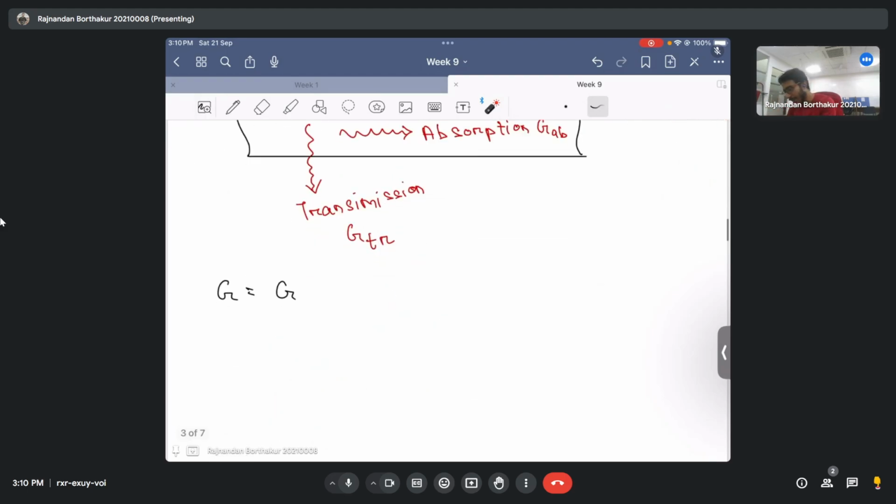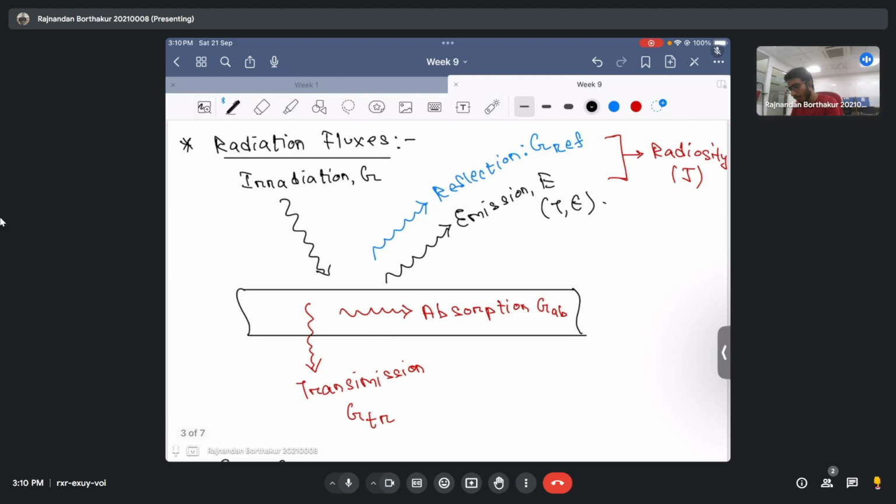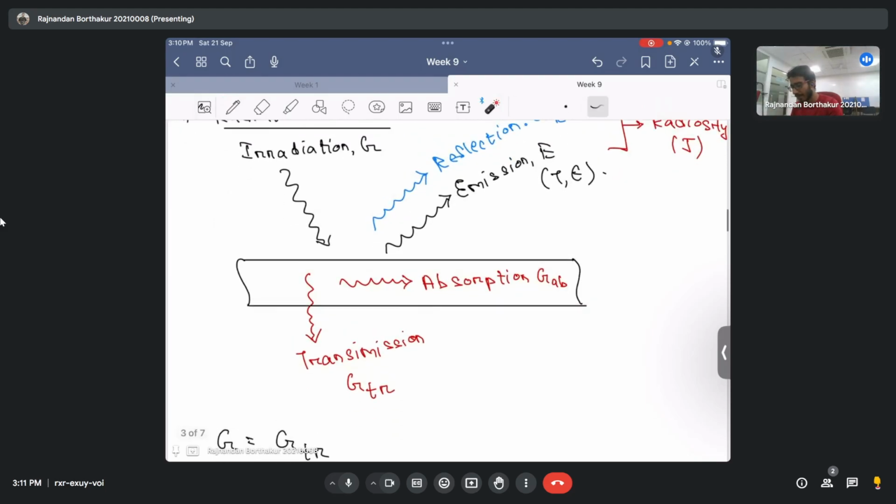Okay, so G can now be written as G_TR, which is the fraction of irradiation. So we won't say it's a fraction, we'll define it as a fraction in the next step, but we can say that it is the amount of irradiation that falls on the surface and gets transmitted along the surface.